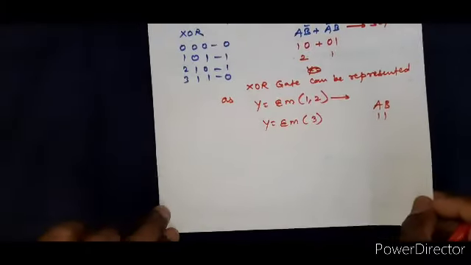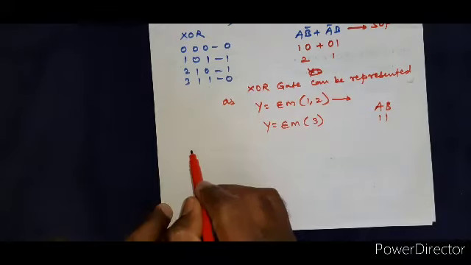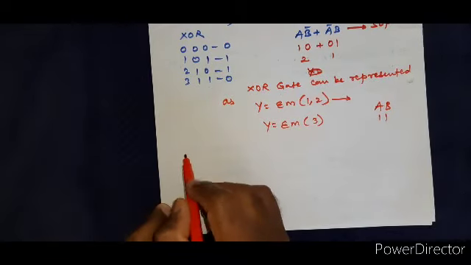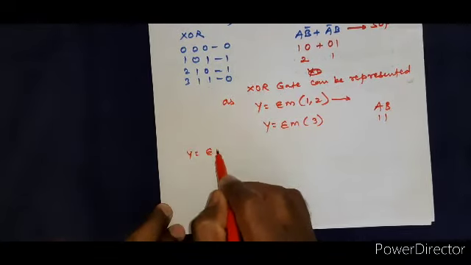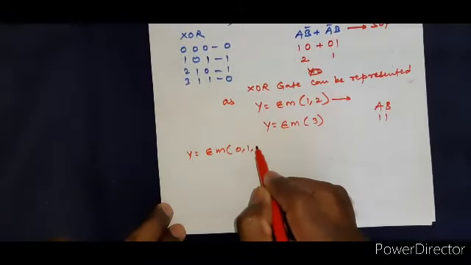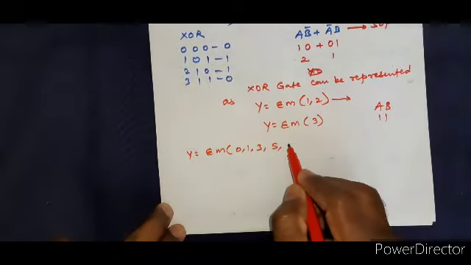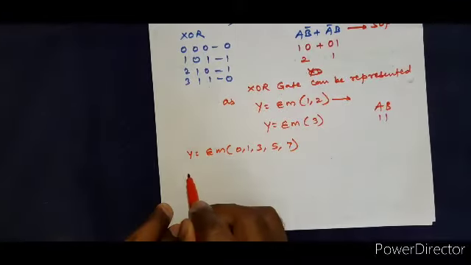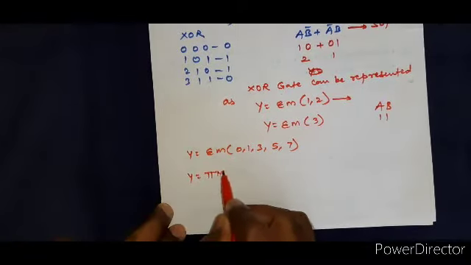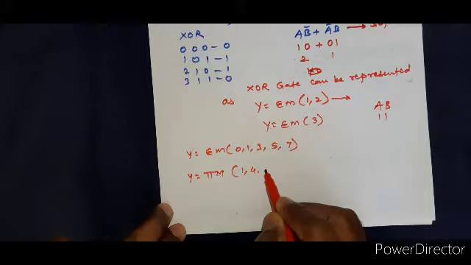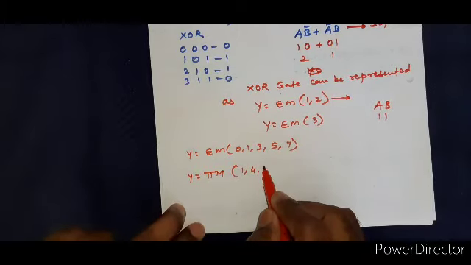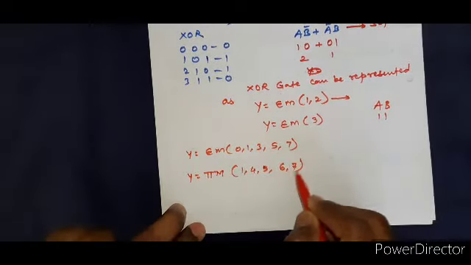So you can try this: y equal to summation of m 0, 1, 3, 5, 7, and y equal to pi of M 1, 4, 5, 6, 7.